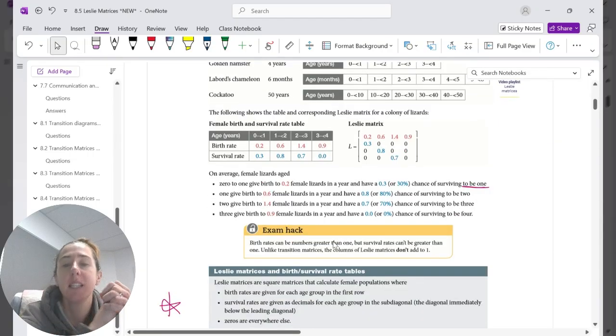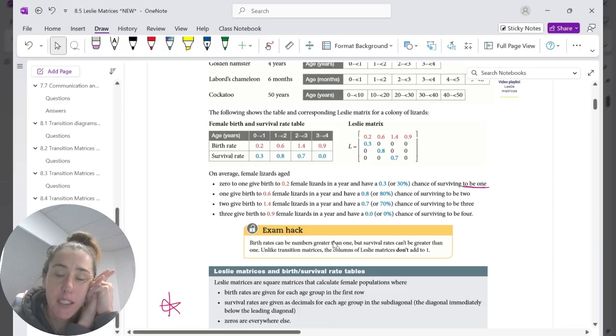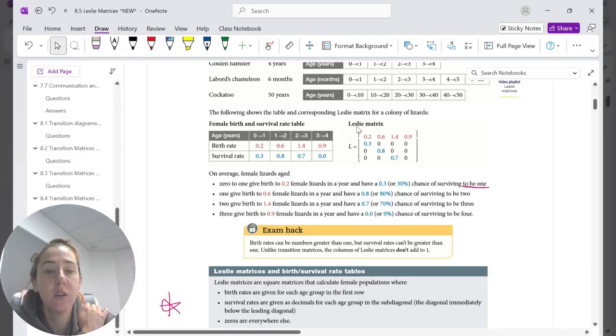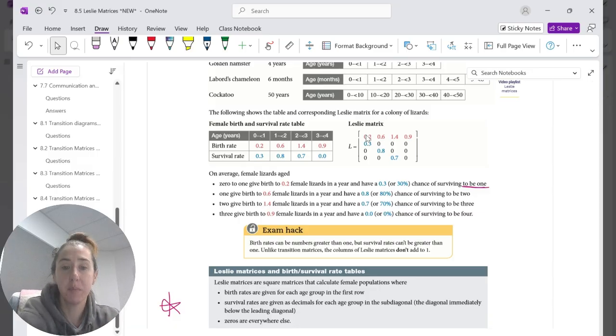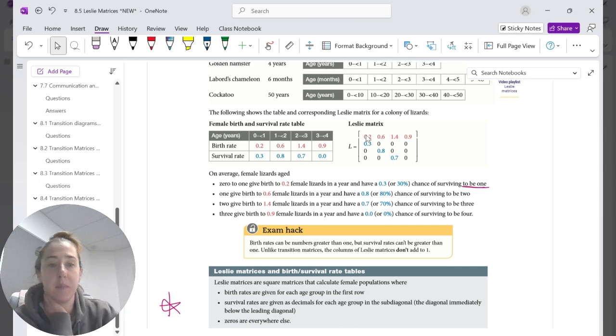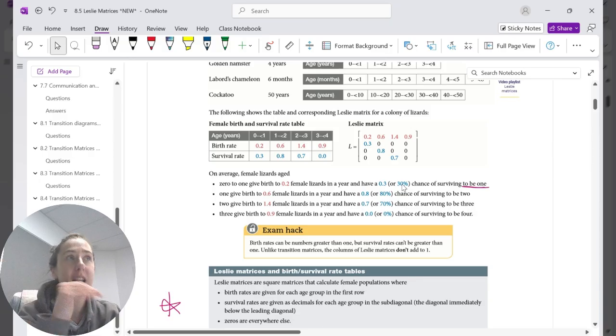Okay, so what this is telling us is that on average, female lizards 0 to 1 give birth to 0.2 female lizards. So remember that this is talking about how many female lizards these lizards give birth to in a year. Once you've started reading these, they will make more sense.